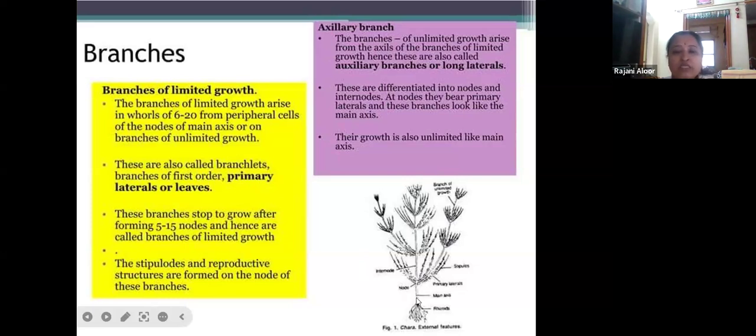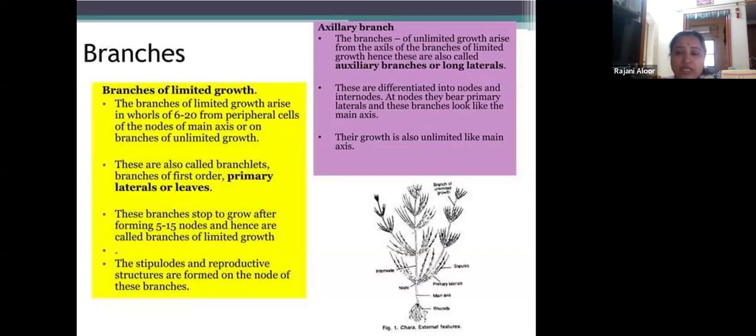One is called branches of limited growth, and the second is branches of unlimited growth. Another important point is that the main axis consists of nodes and internodes also.